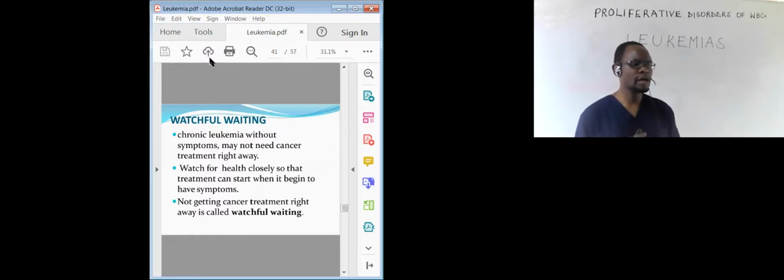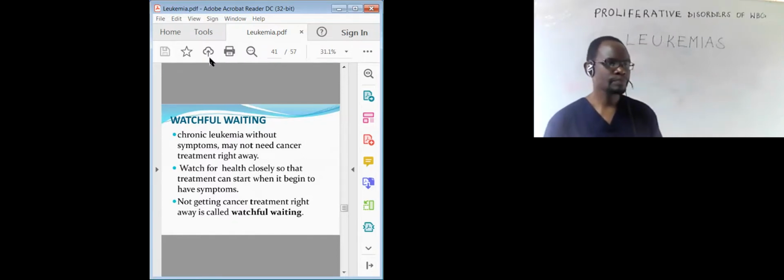So you watch their health closely so that the treatment can start when they begin to have symptoms. So not getting cancer treatment right away is called watchful waiting.